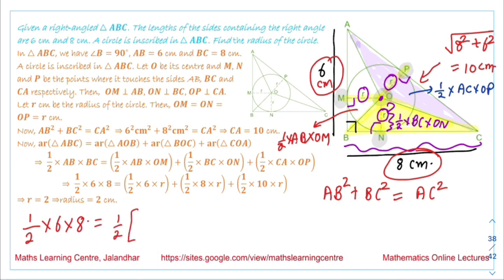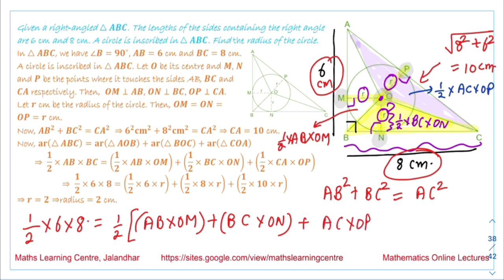Taking half common, it is AB into OM plus BC into ON plus AC into OP. AC into OP corresponds to this triangle, BC into ON corresponds to the second, and AB into OM corresponds to the third.